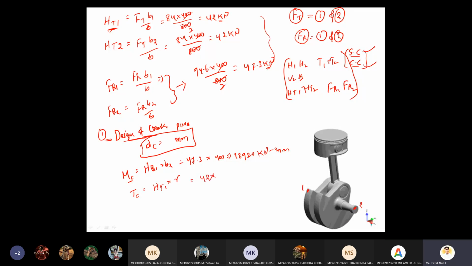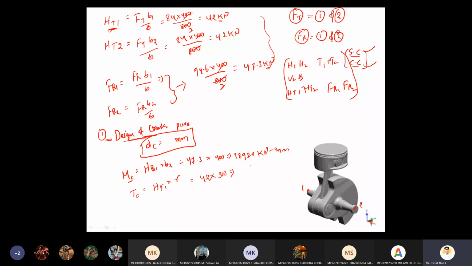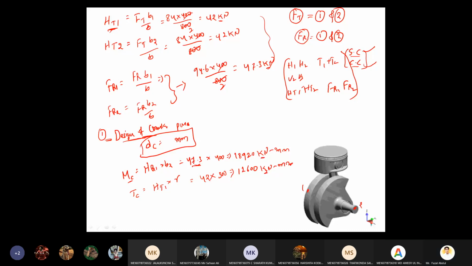How much? Crank radius will be given in the question, 300. So now 42 into 300, that is 12,600 kilonewton mm. I am writing kilo here because the answer is already available in kilonewtons.